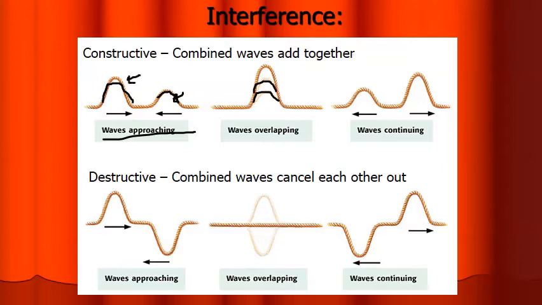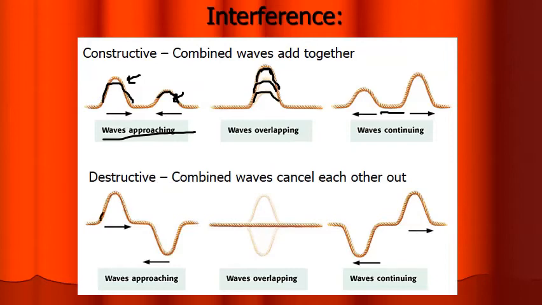And you can see that those two waves add together to make the two waves added together. This would almost be like adding maybe 2 plus 1 to get a total of 3. Okay, and then the waves continue on their way over here and pass each other. So that would be constructive interference.